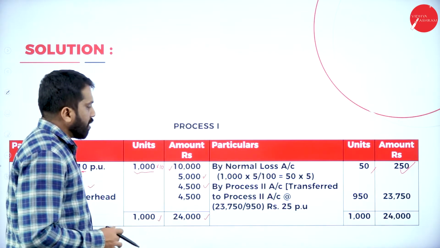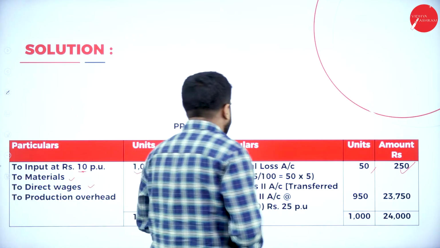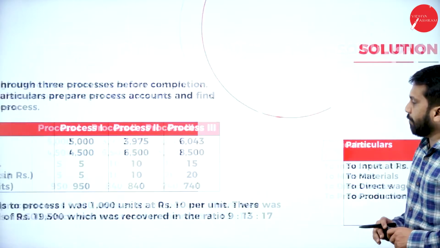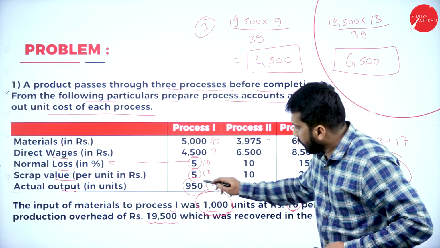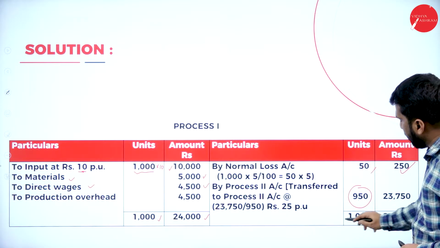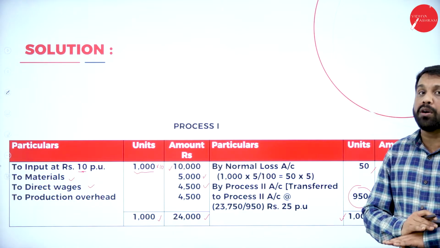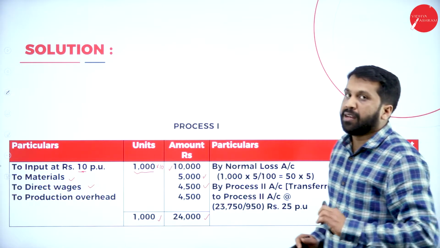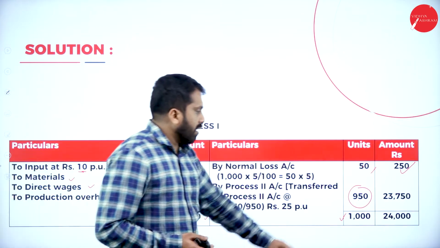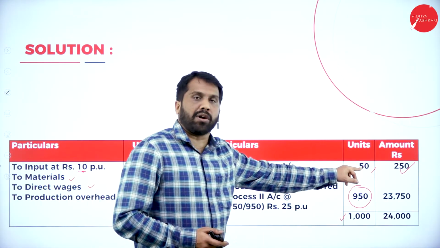What is your output? Output as per this is 950. 950 plus 50, how much? 1,000. There is no abnormal loss. Why? Because out of 1,000, 50 is normal loss.